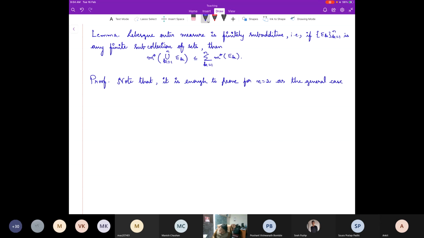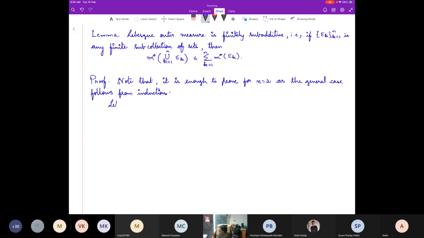This is one of the standard things that we are going to do again and again. Whenever there is a need for proving for n sets, we will prove it only for 2, and then the general case follows from induction.